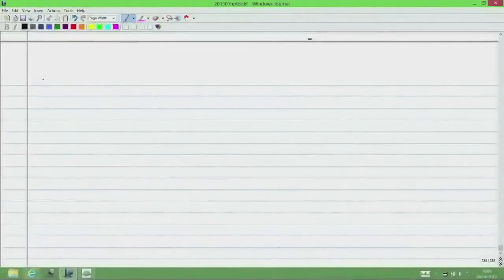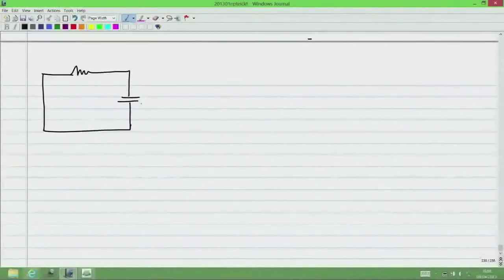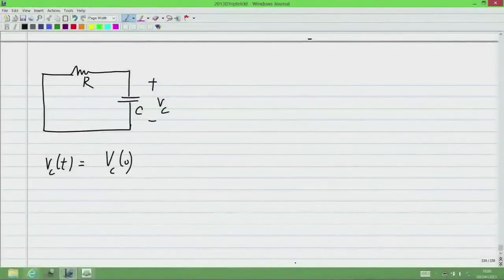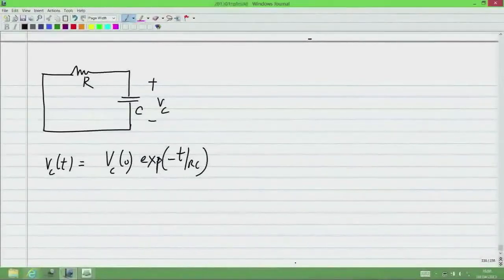And when we had a zero input and an initial condition, this is what we analyzed first. We have C and R, and the voltage across the capacitor turns out to be the initial condition on the capacitor times exponential minus t by RC.